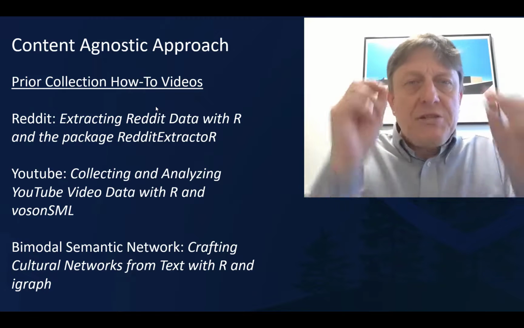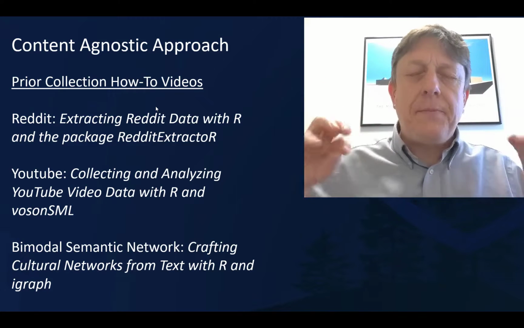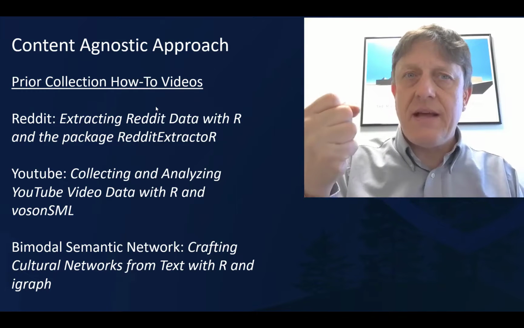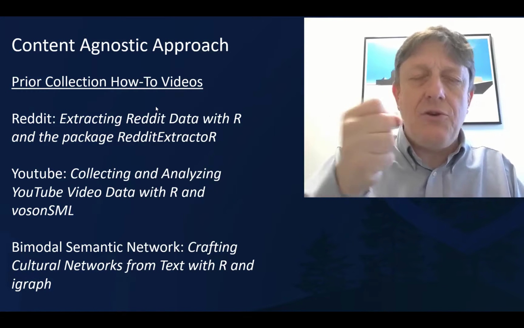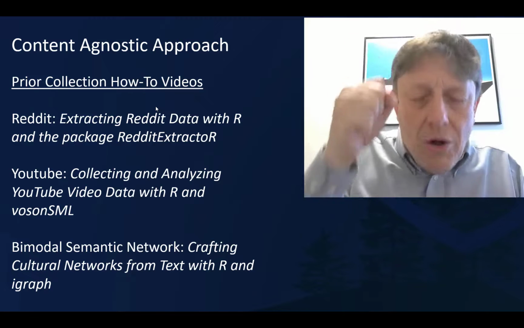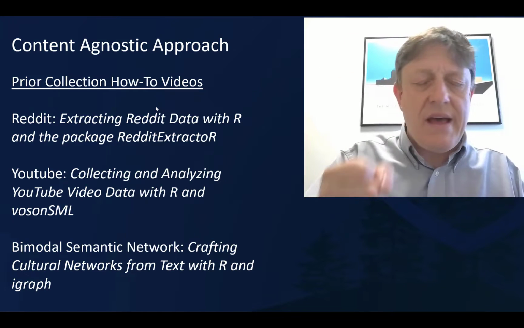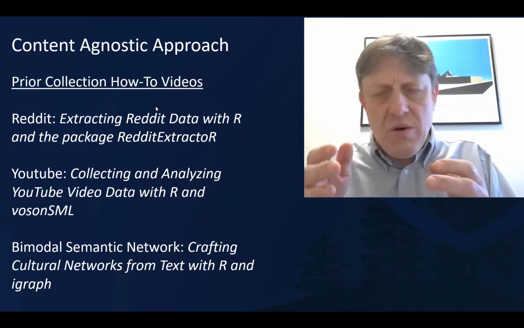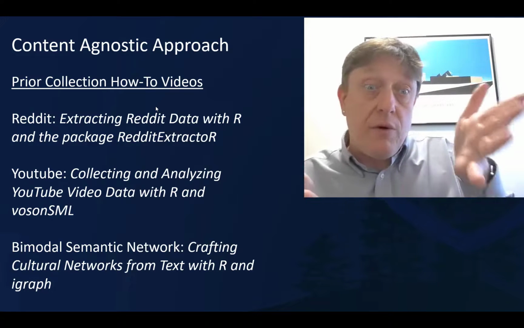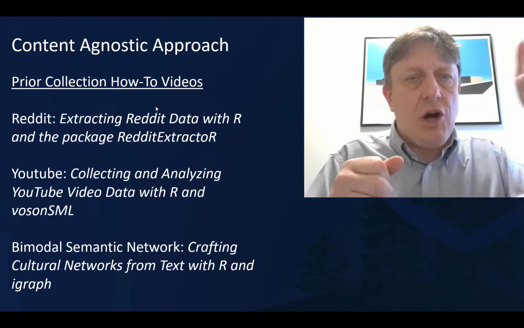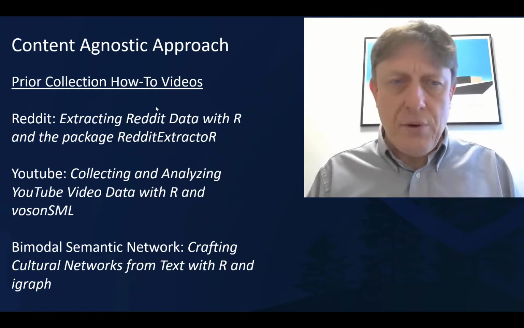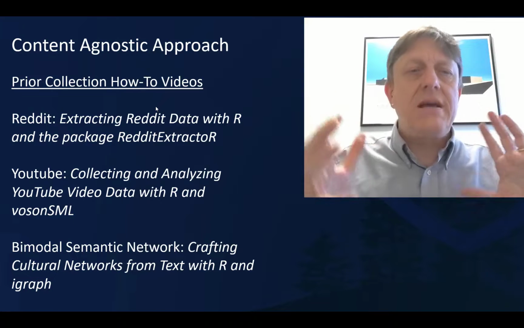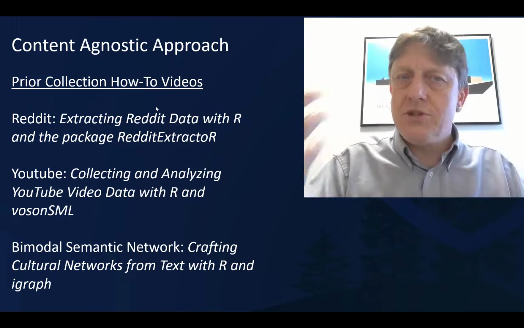Each of those was particular to the subject, but one of the really neat things about the package sentiment analysis is that it can be used for almost any text source, whether that is a YouTube video and comments to that video, or whether it's a Reddit discussion board forum and a set of comments to a discussion board post. You can use the same commands and the same approaches to describe each.